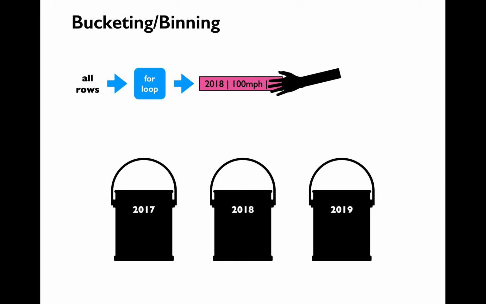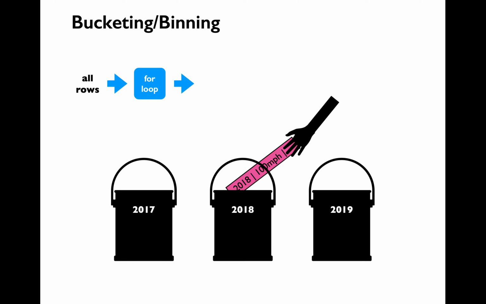For this example, we are going to consider year column as the bucket creation column here. Let's take into consideration that we have a tornado row where the year is 2018. We are going to take that particular row, which is represented using one of the inner lists using the list of list data structure, and we are going to put that row into the corresponding 2018 bucket.